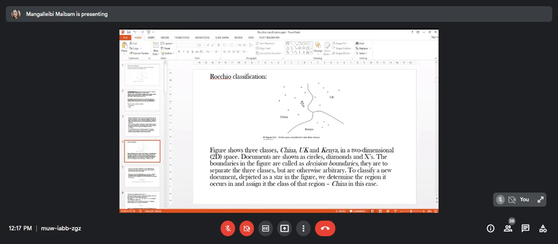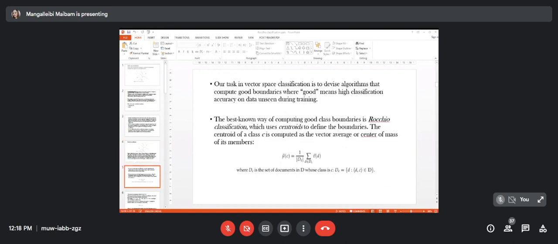This star symbol is an unlabeled document. We are going to classify whether it belongs to China, UK or Kenya based on your centroid and other classifications. So you see here.